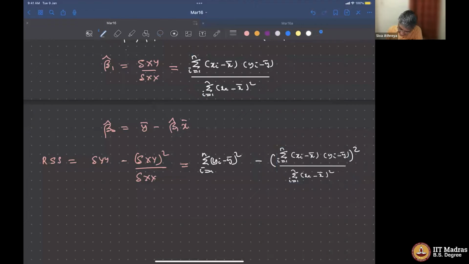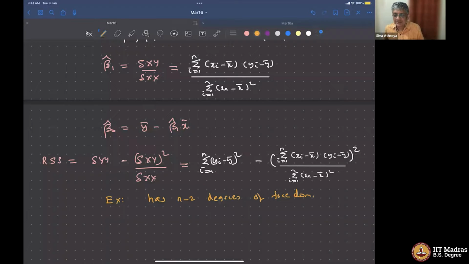Here, like the previous argument, you can check this RSS has n minus 2 degrees of freedom. This one can also be verified by hand. We did it some days back as well. Very good.